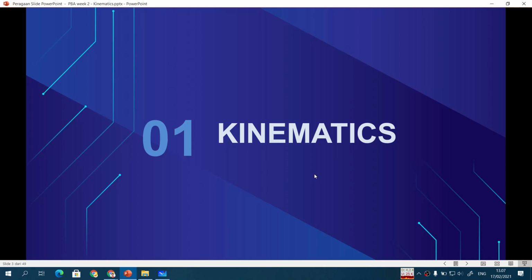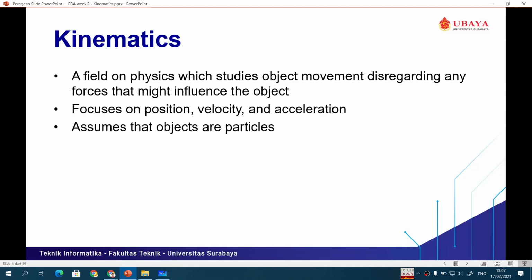Okay, let's talk about kinematics first. Kinematics is a field of physics which studies object movement, and we will disregard any forces that might influence the object. This is the simplification of any object's movement.